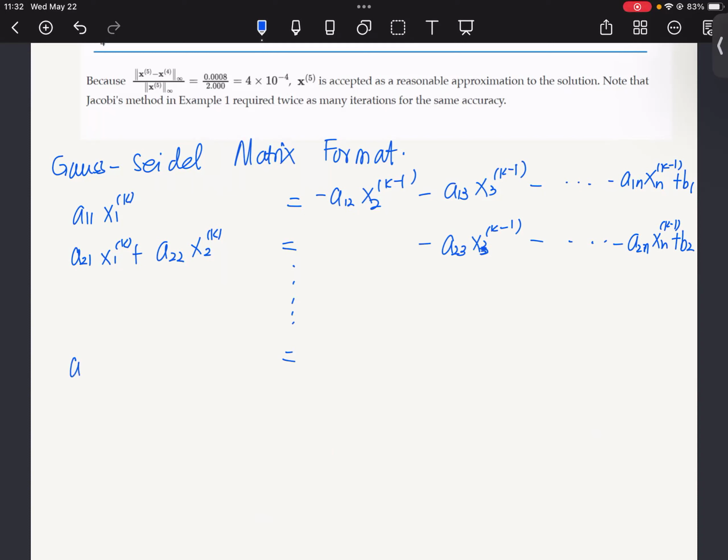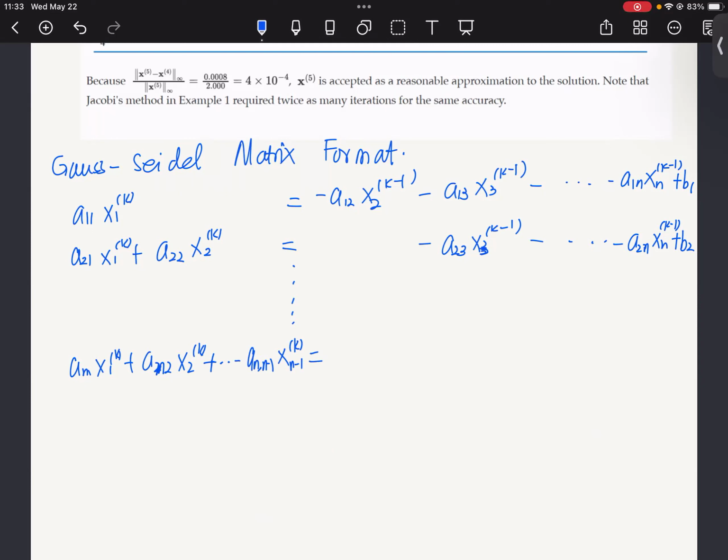And at the end you will have an1 x1 k, an2 x2 k, and let me see, we should have up to x n minus 1 k, because from the previous equations we get the n minus 1 terms. Am I right?